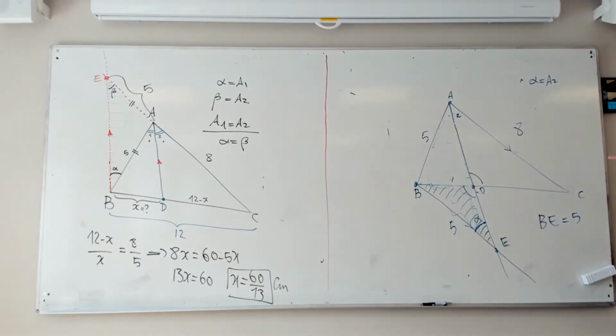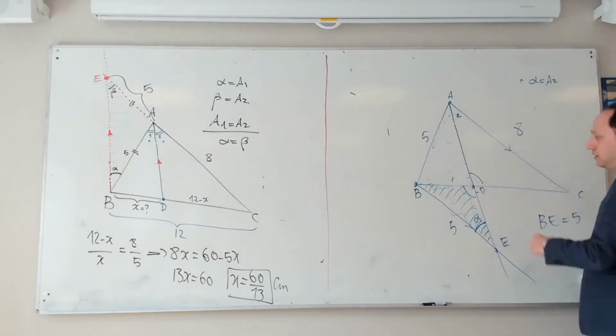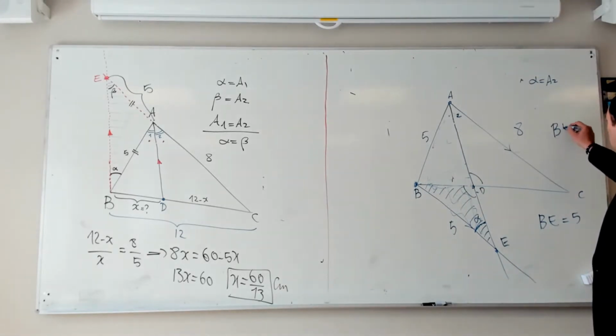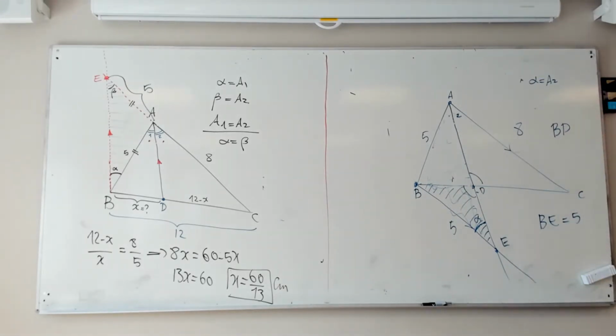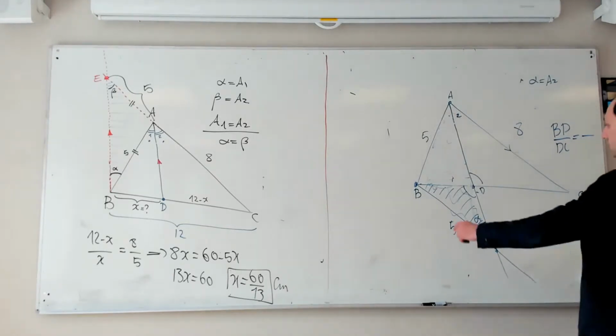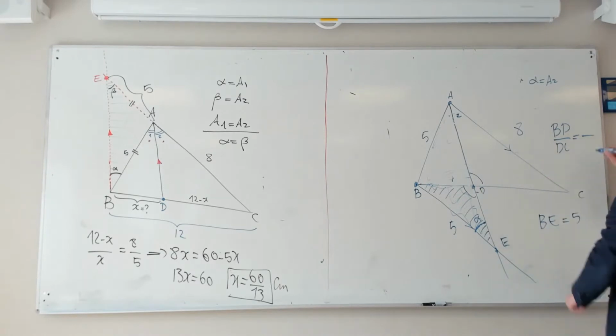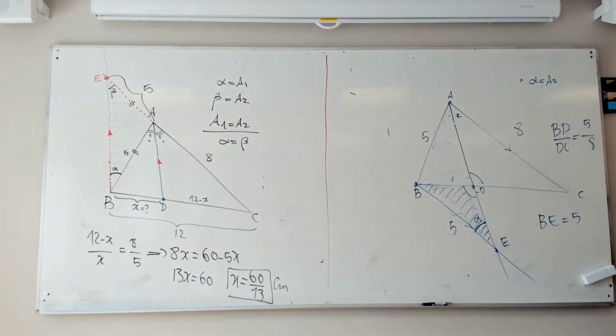They are not using Thales theorem, they are using similarity now. So this one and this one are similar. So the ratio between BD and DC is equal to the ratio of 5 to 8. Yes, so this is what we get.